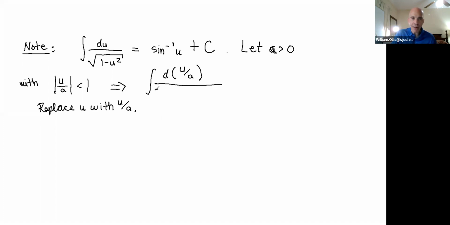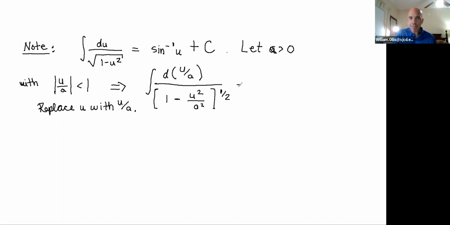And I'll use the brackets here. So we get 1 minus u squared divided by a squared, to the 1/2. So we're going to work on this side, and then of course it's going to be equal to this, and we'll put that in as we need it once we work this down a little bit.